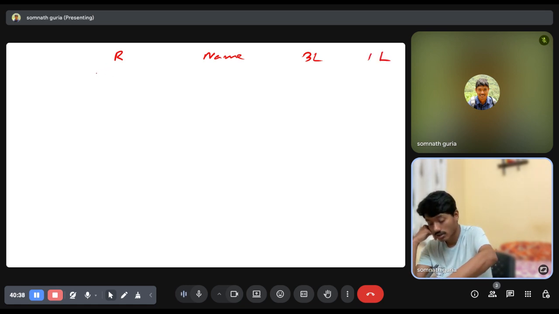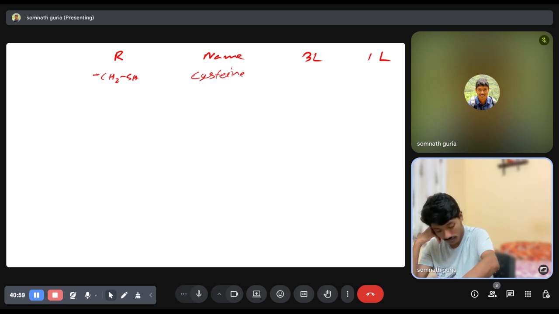When R is CH2SH, that is called cysteine. Three letter code is CYS, and one letter code is C.